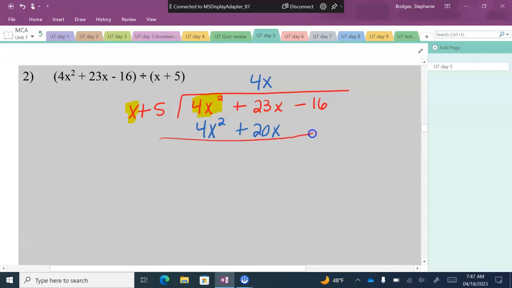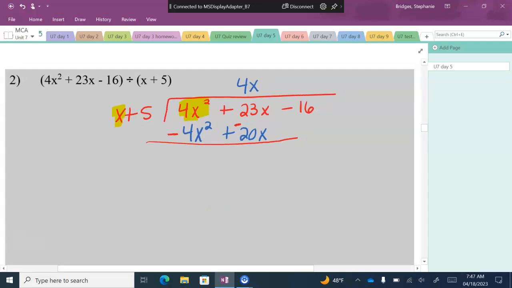I'm going to draw the line and change every sign. So that 4x squared turns negative, and so does that 20x. We can go ahead and combine our terms now. A 4x squared and a negative 4x squared cancel like they're supposed to. A positive 23x and a negative 20x, what is that going to give me? Positive 3x. Then we want to bring down that negative 16.